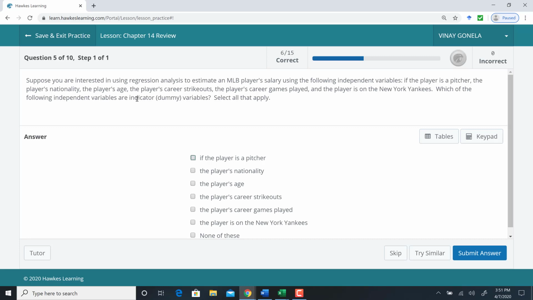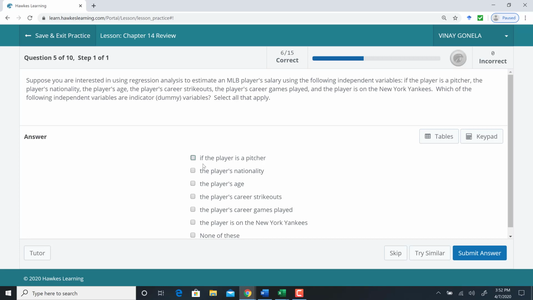Which of the following independent variables are indicator dummy variables? When they say identify the dummy variables, that means which variables are qualitative variables.